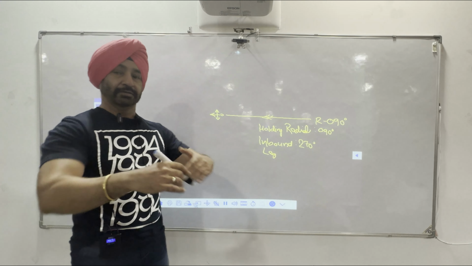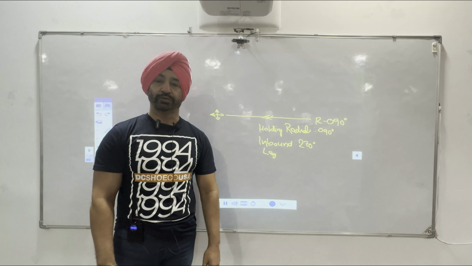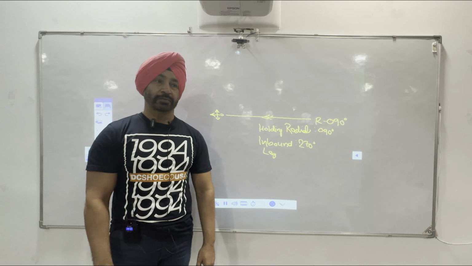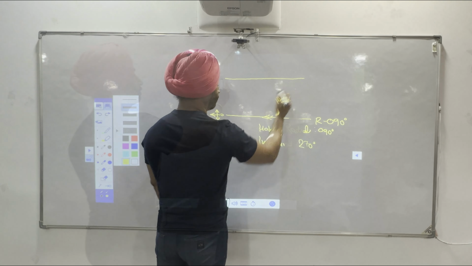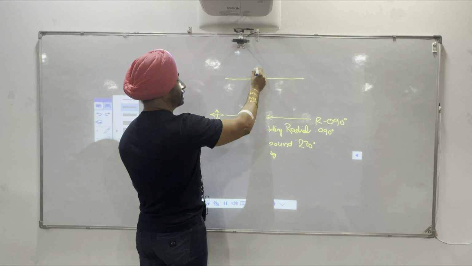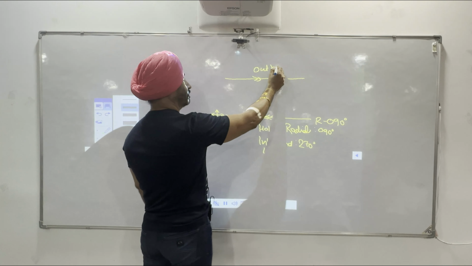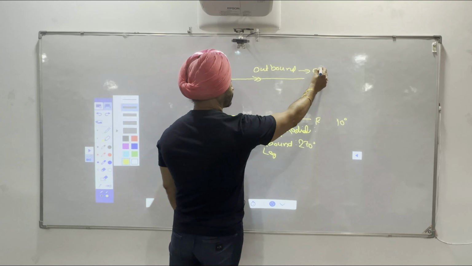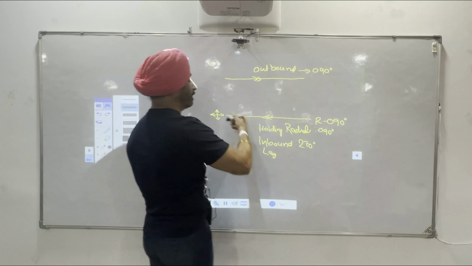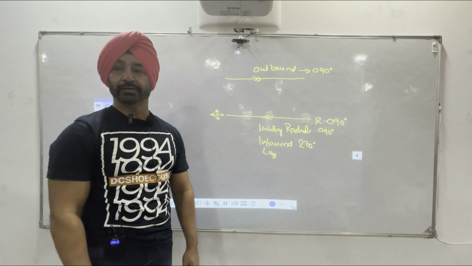A leg is the physical track which you are flying. Then if this is inbound, this will be outbound. So if inbound is 270, outbound will be the reciprocal. So inbound, outbound and holding radial.